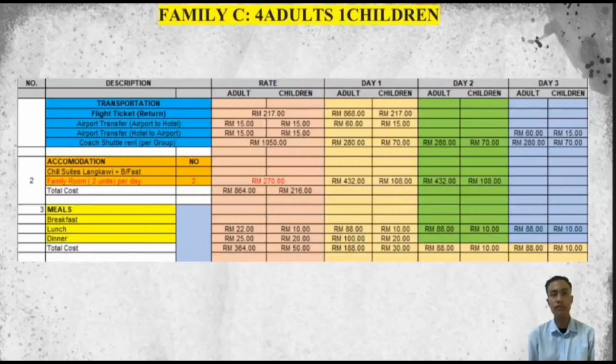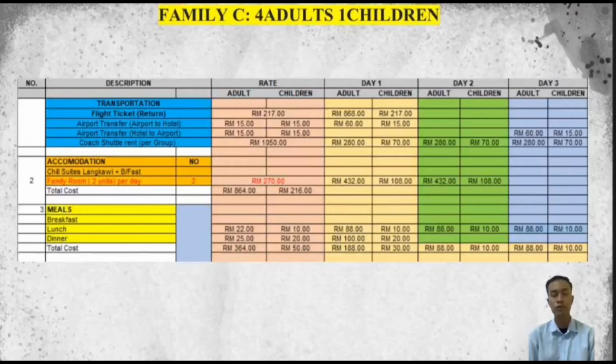For airport transfer from airport to hotel is 15 ringgit per pax, for adult and for children, and same as airport transfer from hotel to airport, 15 ringgit per pax for adult and for children. So the total is 60 ringgit for adults and 15 ringgit for children.